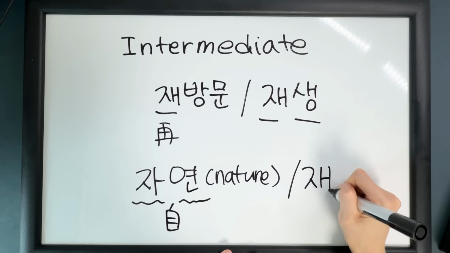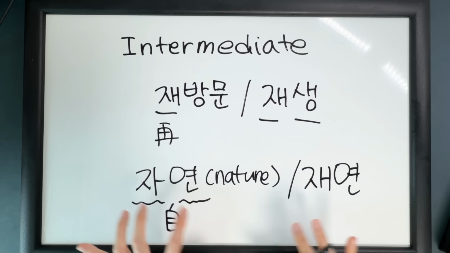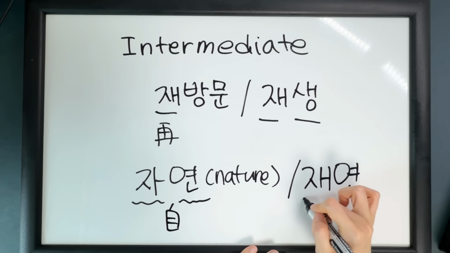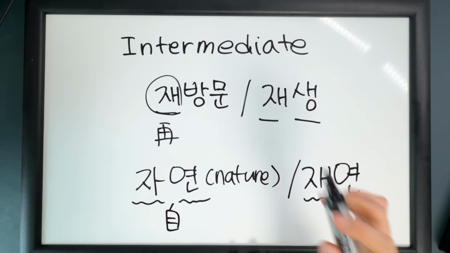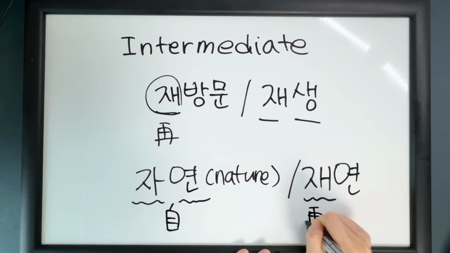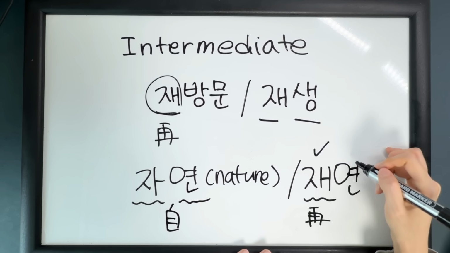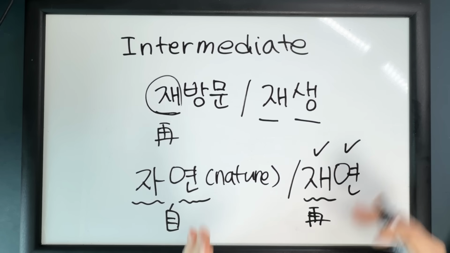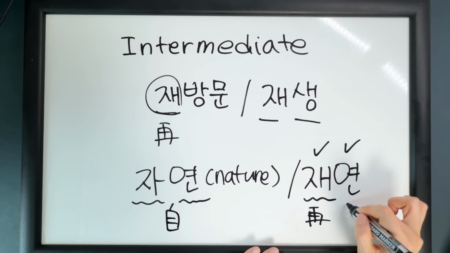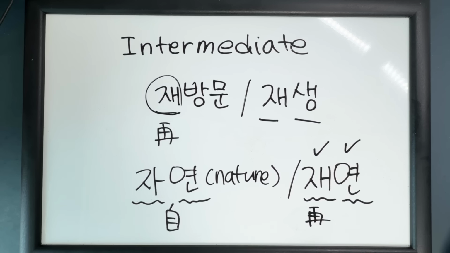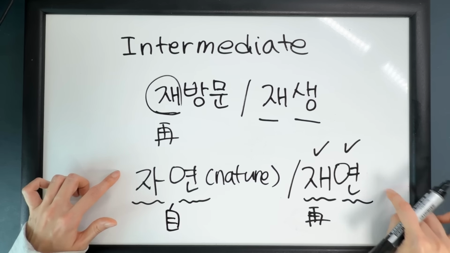And 재연, which looks similar, but they come from different Hanja. This 재 uses the same 재 from 재방문, so it means to re, and 연 means acting in theatrical terms. So it's like reenactment of something. So that makes it much easier to distinguish 자연 and 재연, right?